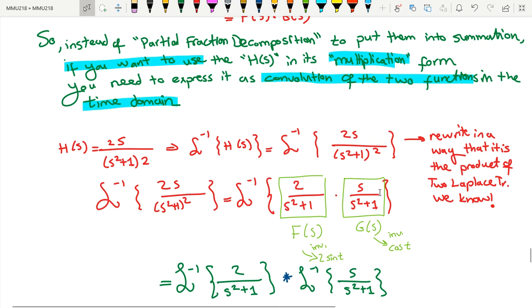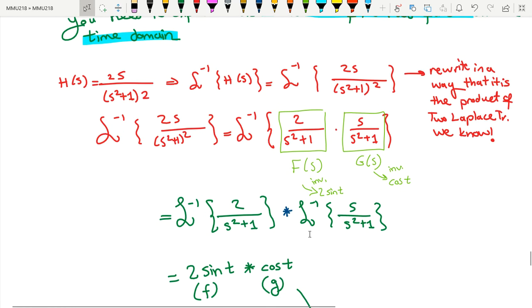If I take the inverse of this one, it will be cosine t. These are something I'm familiar with. I know the Laplace transformations of those.